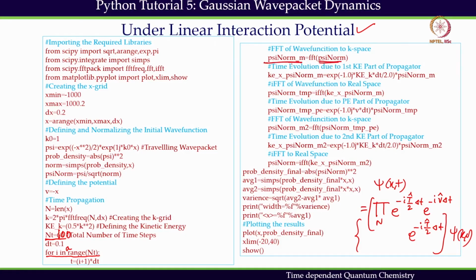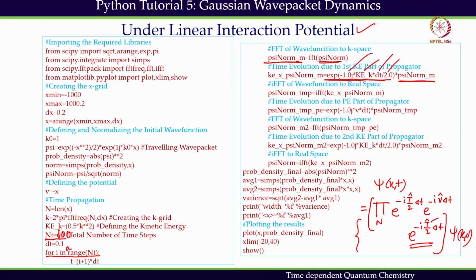Then, once we have the momentum domain function, we carry out the first kinetic energy part of the split operator in the momentum domain, and that is nothing but kinetic energy T multiplied with half, 1 by 2, delta t is dt, and the i is represented by 1j.